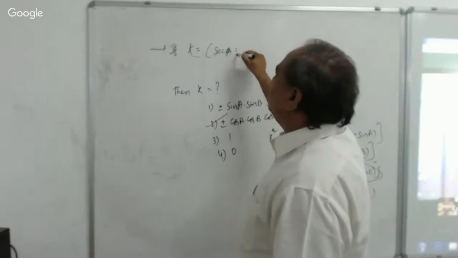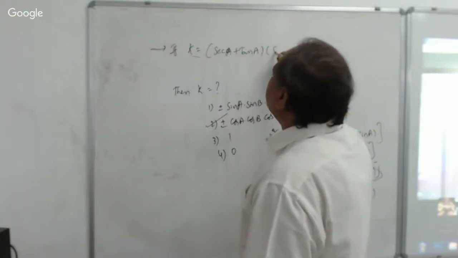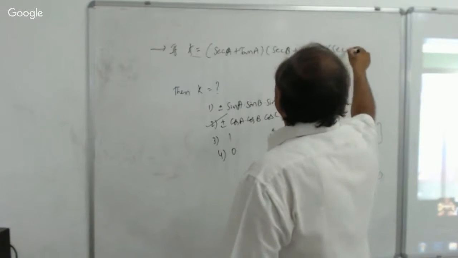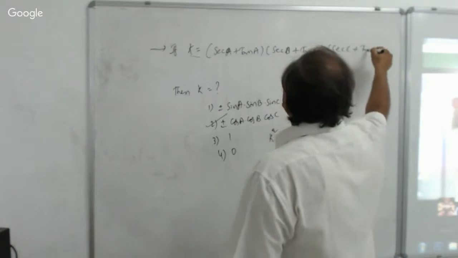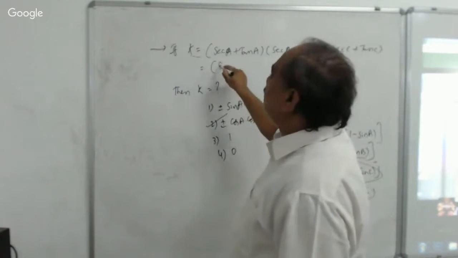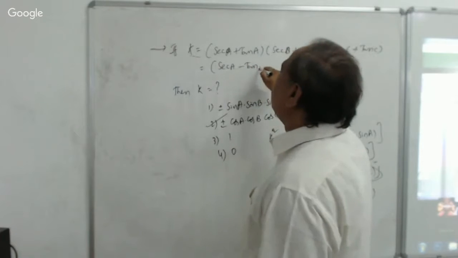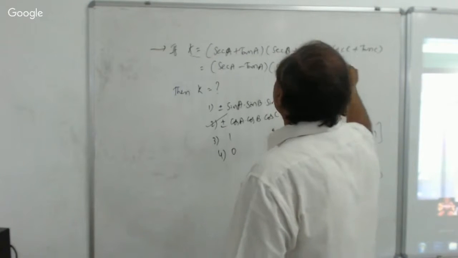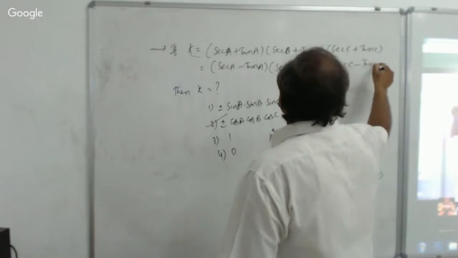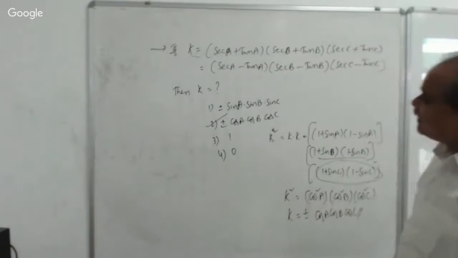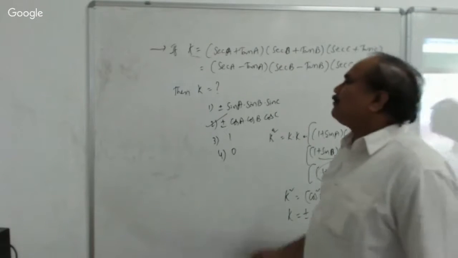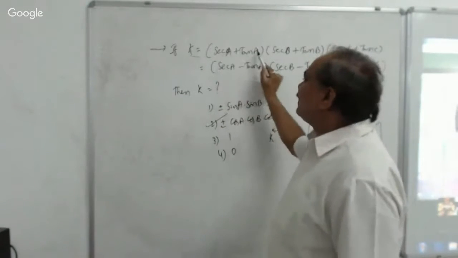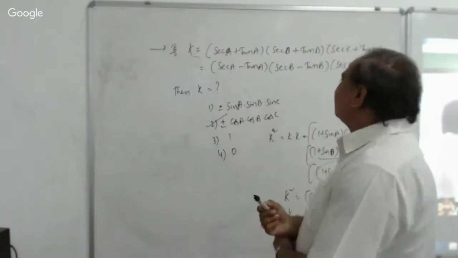K equal to secant A plus tan A into secant B plus tan B into secant C plus tan C, that is also equal to secant A minus tan A, secant B minus tan B, secant C minus tan C. Tell me. 1, sir. Because the same application applies: secant square theta minus tan square theta is 1.